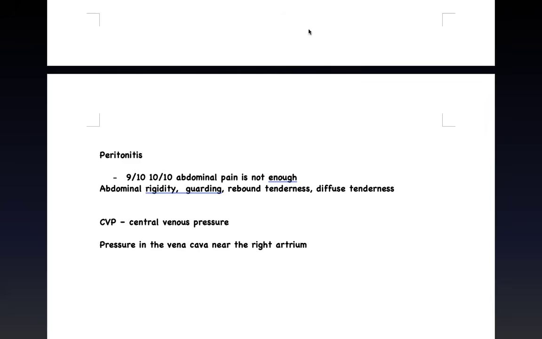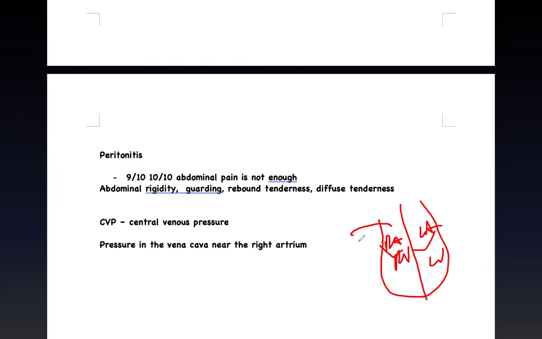If this is your heart, it has 4 chambers: your right atrium, right ventricle, left atrium, left ventricle. The vena cava come here like that. You have an inferior vena cava and then superior vena cava. The pressure here is the central venous pressure. That's all.